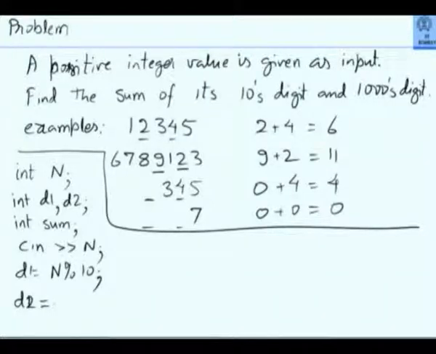Why will the earlier trick not work? n divided by 1000. Suppose you say 1, 2, 3, 4, 5 divided by 1000. What will happen?